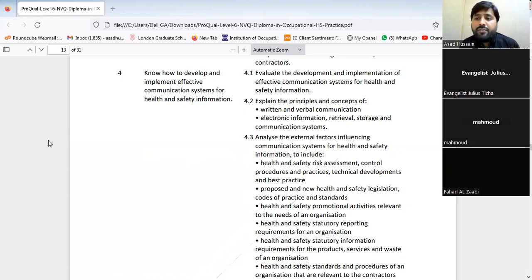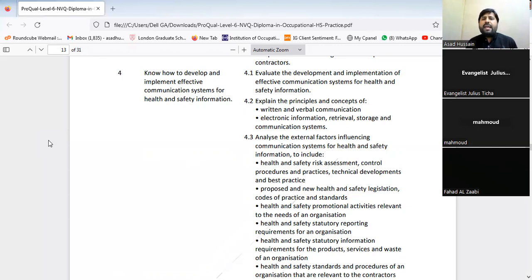So how you will confirm that what you want to share with others is communicated properly, how you are making sure. So you have to explain in 4.1 these points.